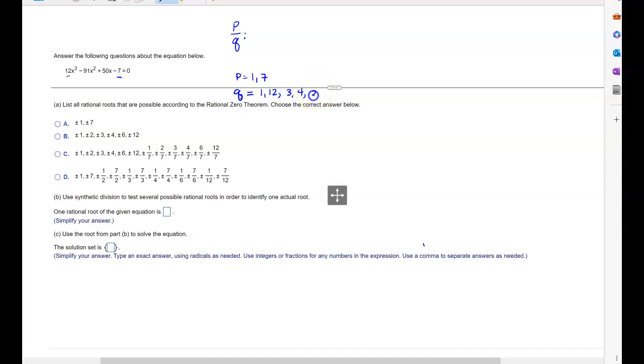What else? 2 and 6. See, so 1 times 12 is 12. 3 times 4 is 12. Also 2 times 6 is 12. So those are all the possible roots. So now your numerator will just be 1 and 7. Okay, 1 and 7. So you divide 1 by 1. So you have plus or minus 1.